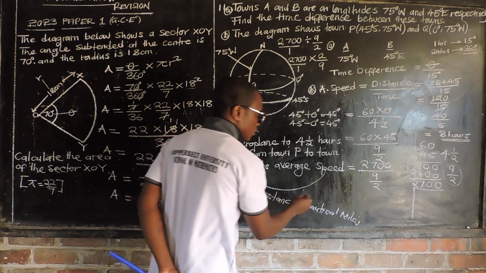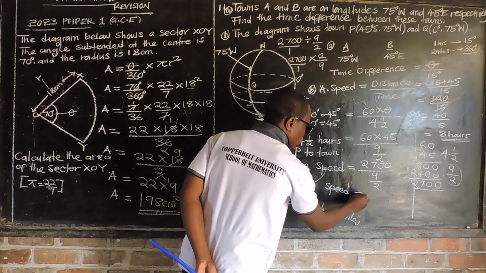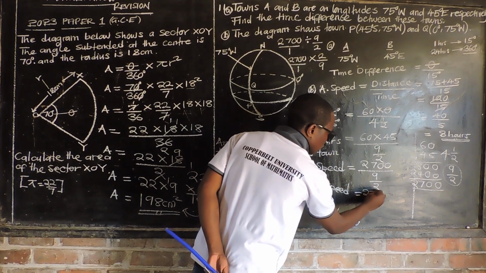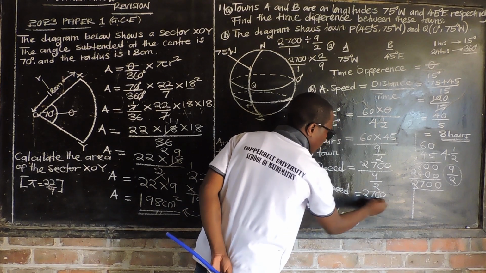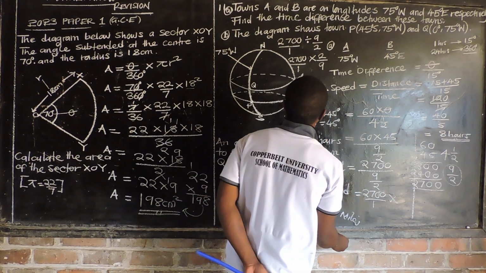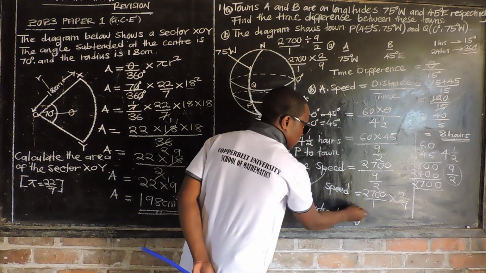So we are going to say speed is equal to, you maintain 2,700 over 1 multiplied by 2 over 9.